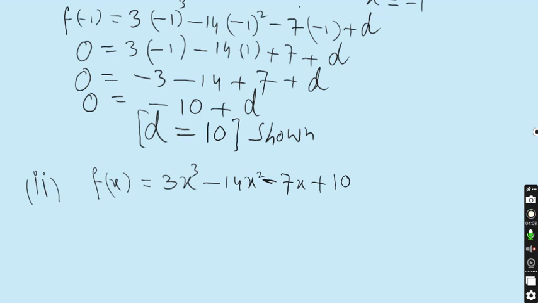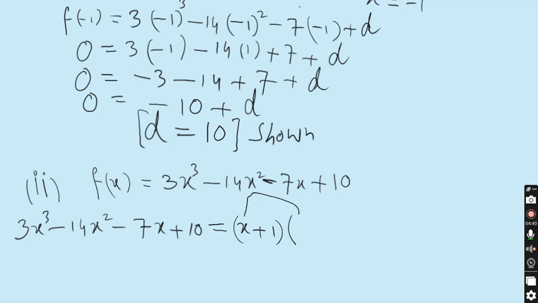So first we can write 3x cube minus 14x square minus 7x plus 10 is equal to, we know x plus 1 is a factor, so we write it over here, and then we apply the method of solution of a cubic equation. What should we put in the first term of the second bracket so that when we multiply it by x, we get the first term of the left hand side, that is 3x cube?